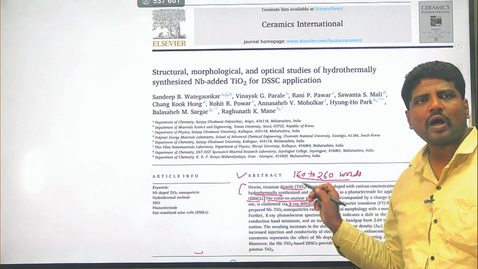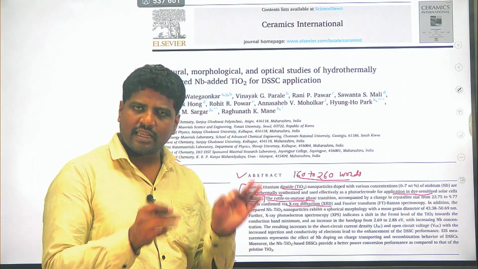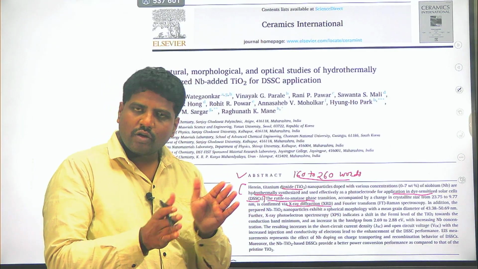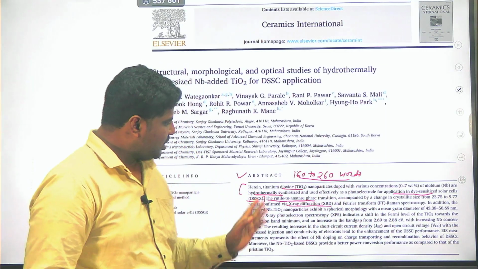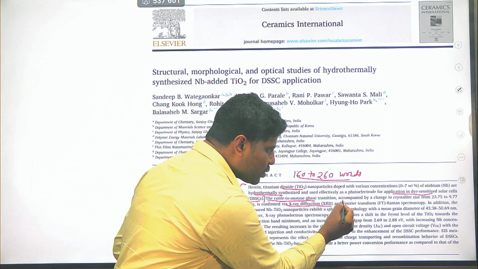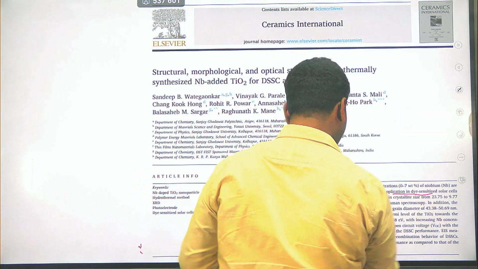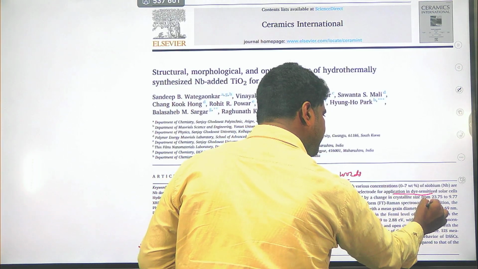That means X-ray diffraction is the analysis, and whatever results we got from this analysis, we have put in a single line, that is, rutile to anatase phase transition. So this is how we can write the analysis method.